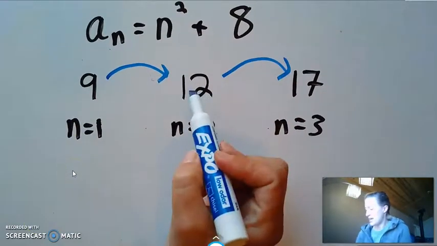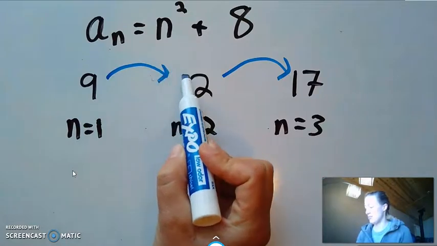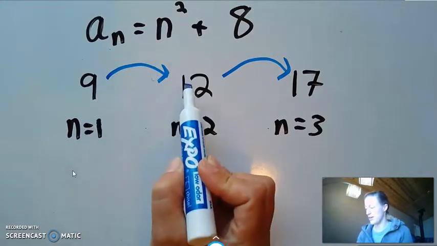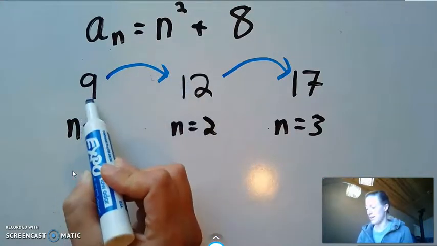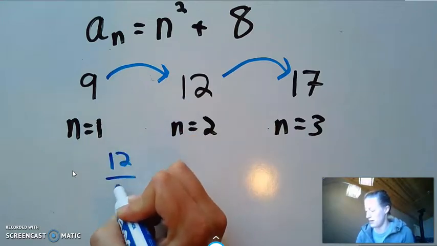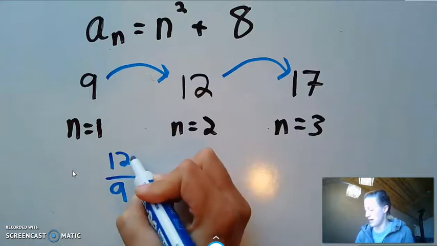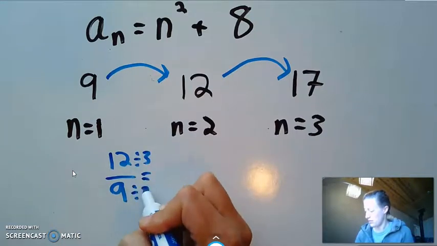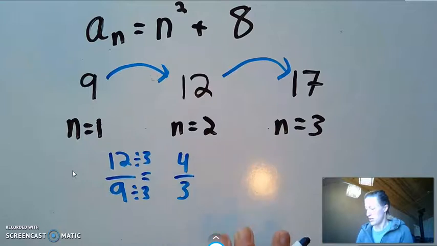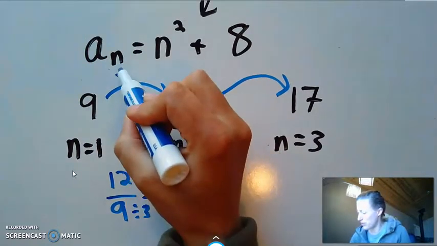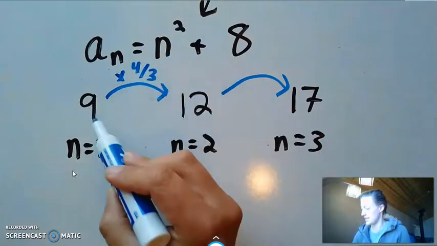So to find what we need to multiply to get from here to here, we could do the reverse and divide them. So we could do 12 divided by 9, the second term divided by the first term. And that would maybe simplify to 4/3. So if we did 9 times 4/3, we'd get to 12.